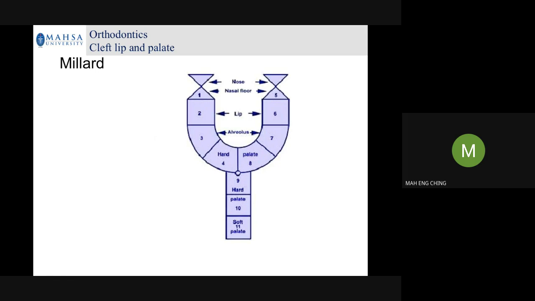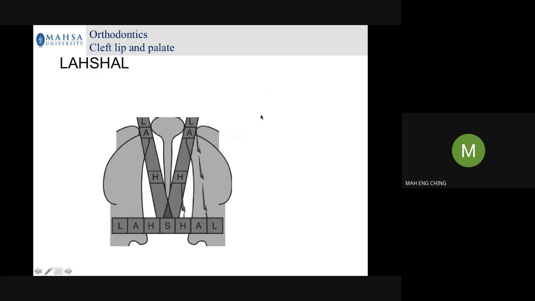Then after that, Millard modified this Y, the descriptive Y. Then it involved the nose also. They add in the nasal floor. Then we call it modified Y, modified Kernahan. Then finally we have this Russia. Russia is very simple, similar to just now the Y, but it just draws a V. From here is the lips, alveolus, hard palate, and then finally the soft palate.